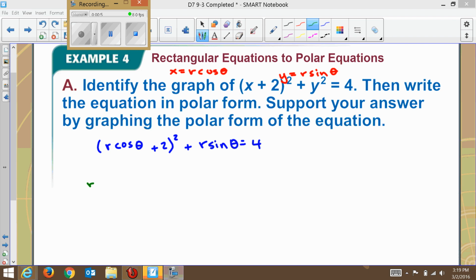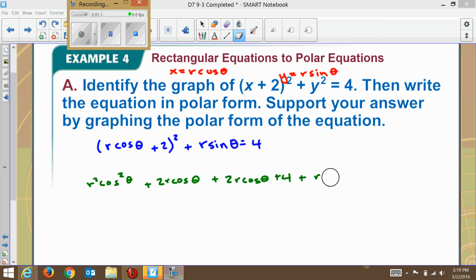So I'll have r squared cosine squared theta plus 2r cosine theta plus another 2r cosine theta plus 4 plus r sine theta equals 4.